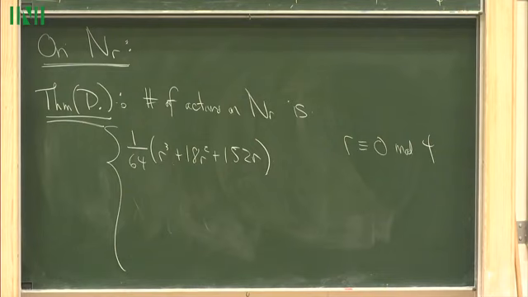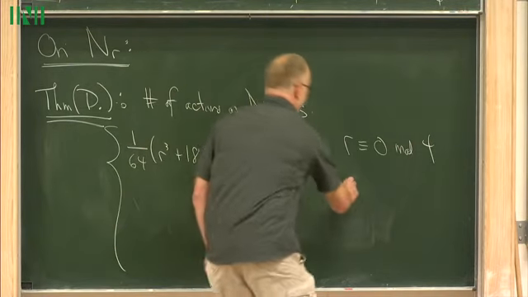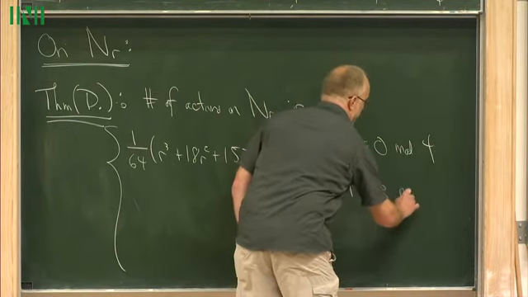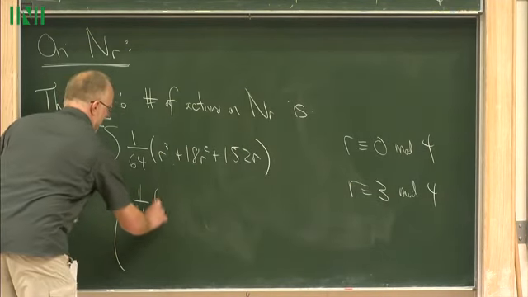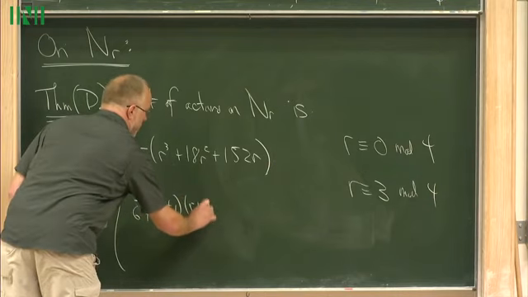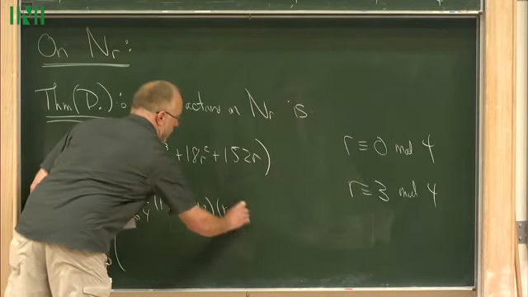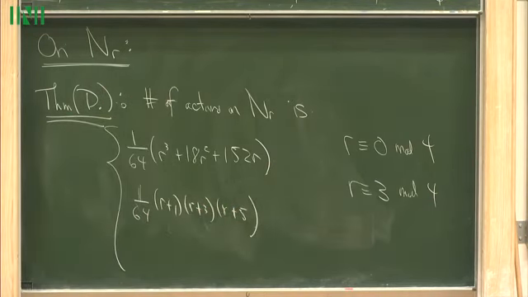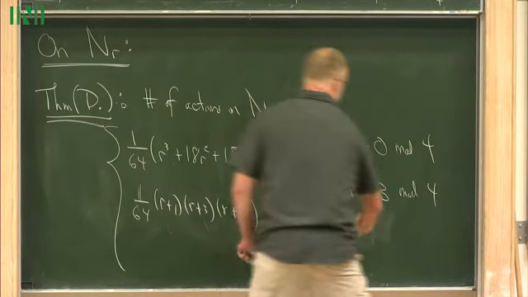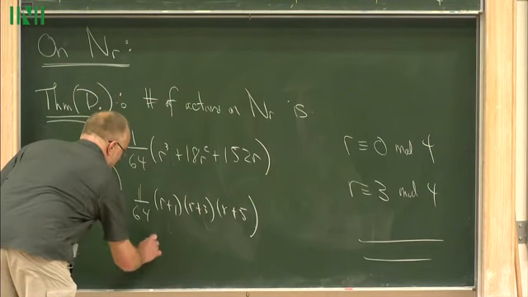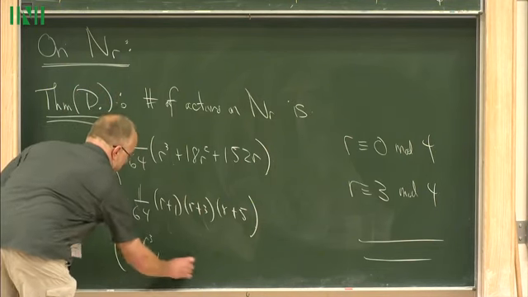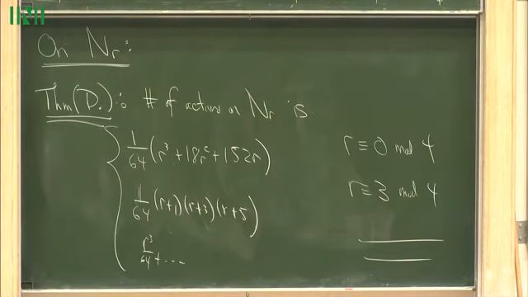Of course, you expected that answer. When r is 3 mod 4, it's 1/64 times r plus 1, r plus 3, r plus 5. The other two I'm going to be too lazy to write down, but they're very similar formulas that all start out looking like r cubed over 64 plus some junk. Okay.